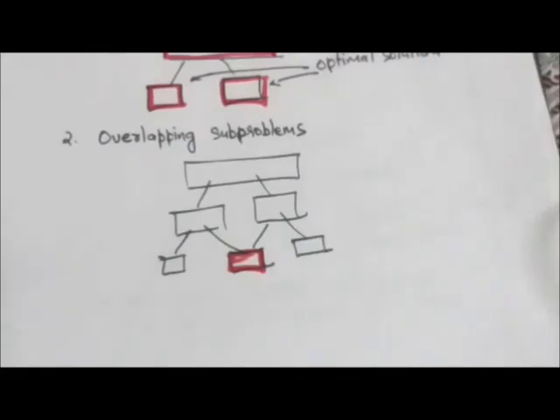So when algorithms solve these subproblems, common subproblems are revisited over and over again by the algorithm. So a dynamic programming algorithm solves each subproblem only once and stores its solution in a table where it can be looked up when needed.